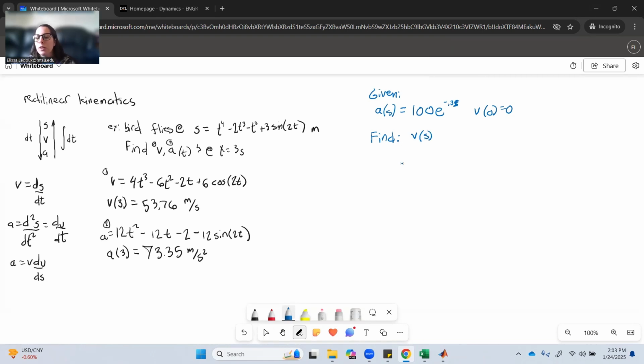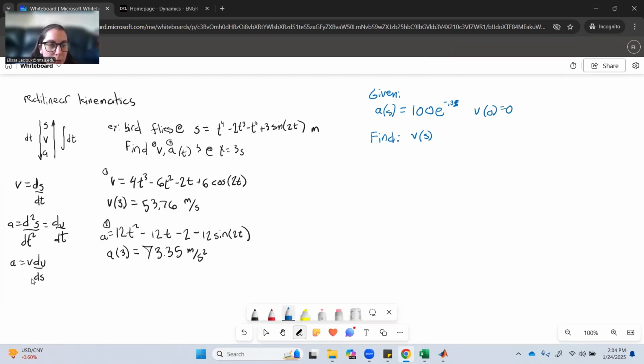So this time we're doing an integration not over time, but over position, because that's what these two were given to us. So we won't be able to just straight up integrate the acceleration equation and get velocity, because that's what we would do if we were integrating over time, like over here.